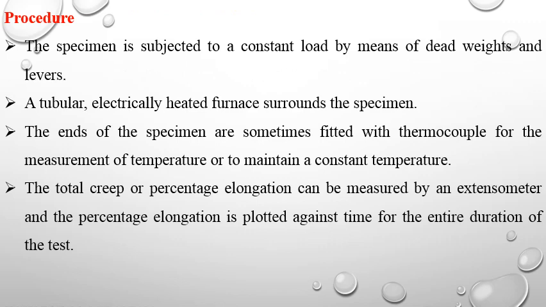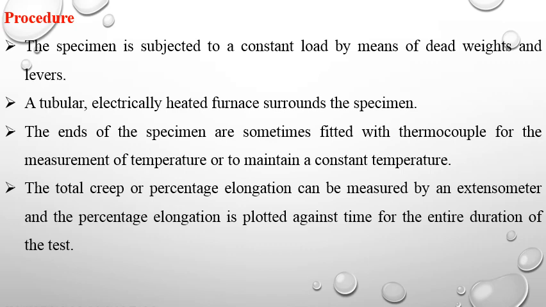Procedure: the specimen is subject to constant load by means of dead weight. A tubular electrically heated furnace surrounds it, and temperature is measured and maintained constant with a thermocouple.